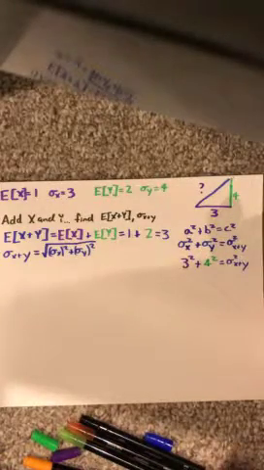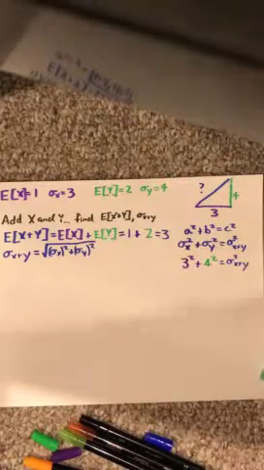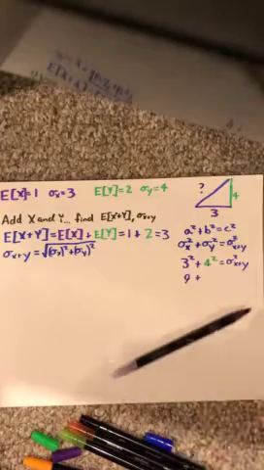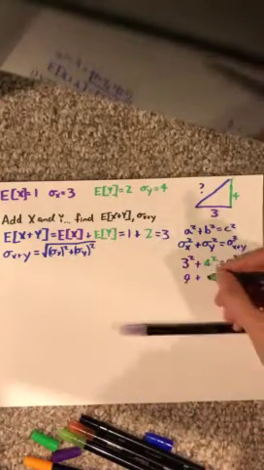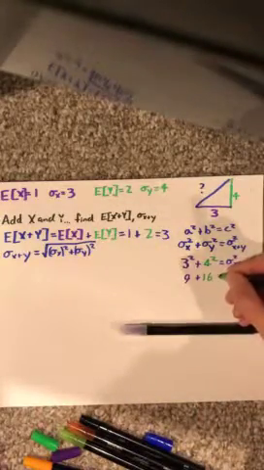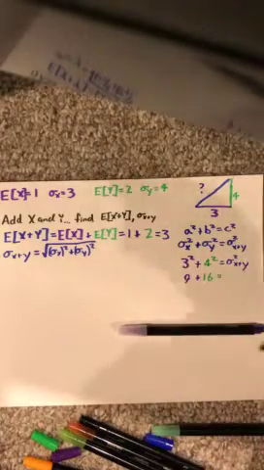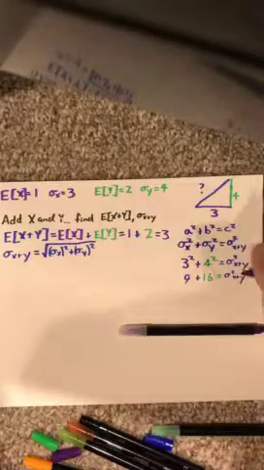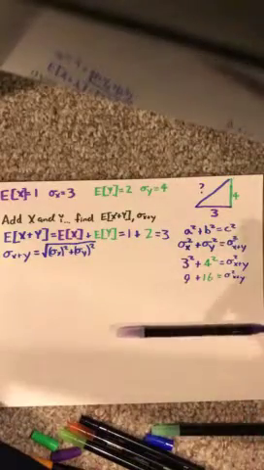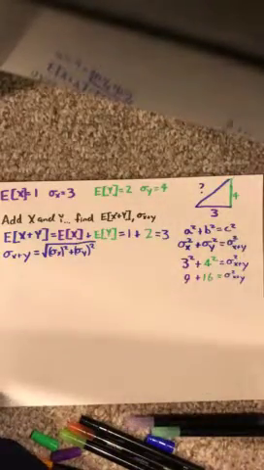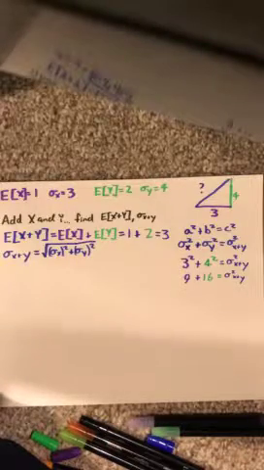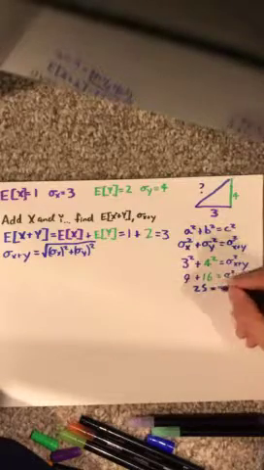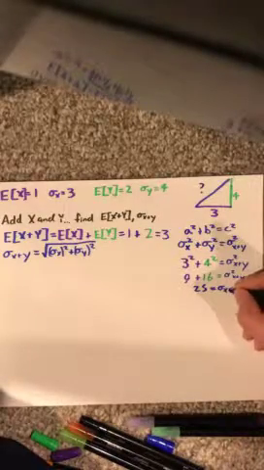So we find that 3 squared is 9, 4 squared is 16, and that is equal to our variance of x plus y, our standard deviation squared of x plus y. Variance, remember, is just the standard deviation squared, so that's why I'm using them interchangeably. When we add these two together, we get 25 equals our variance.